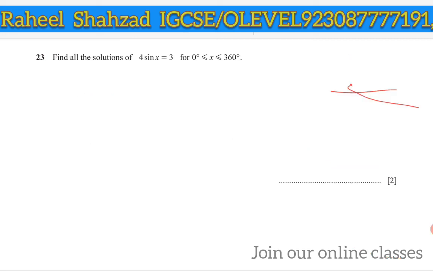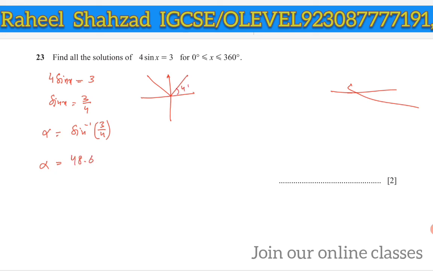Okay, next question, we need to find the solutions for this. So it is 4 sine x is equal to 3, sine x is equal to 3 divided by 4. Now it's positive, that means my answer is lying in the first two quadrants. So the basic angle is sine inverse of 3 by 4, that is equal to 48.6. Now this is 48.6, this is also 48.6.